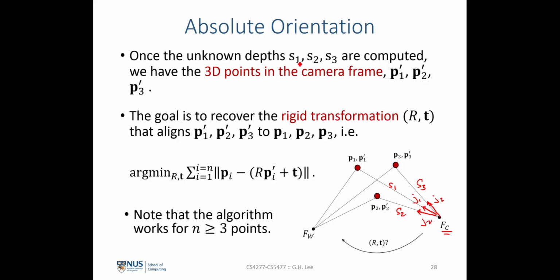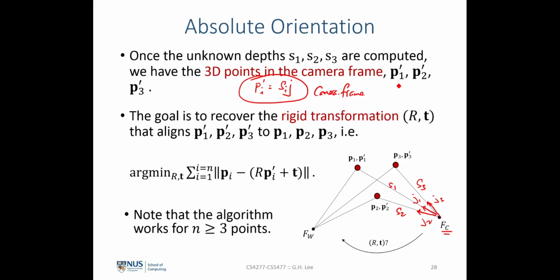With this known depth, after solving the first step, we can compute the 3D points in the camera coordinate frame as Pi prime equals Si multiplied by J. So this would be the 3D points defined in the camera frame.